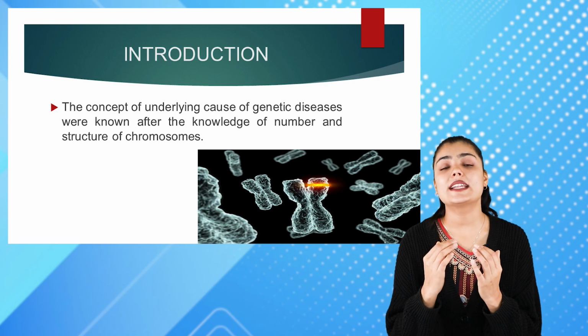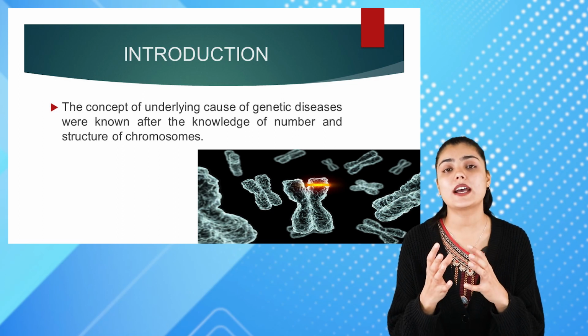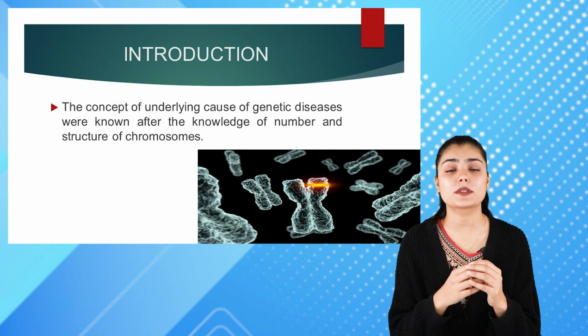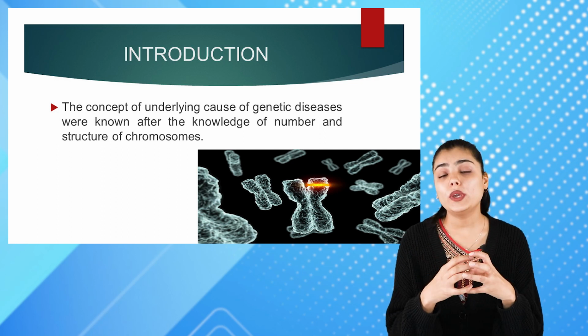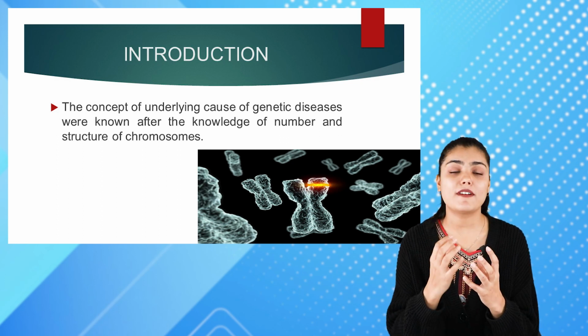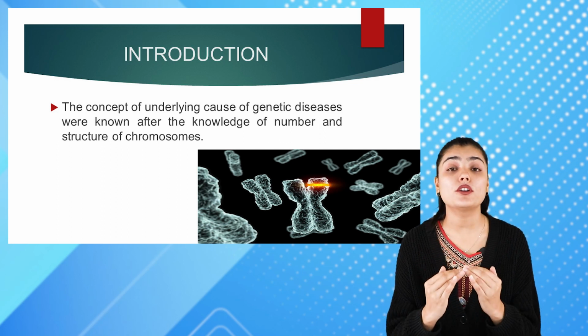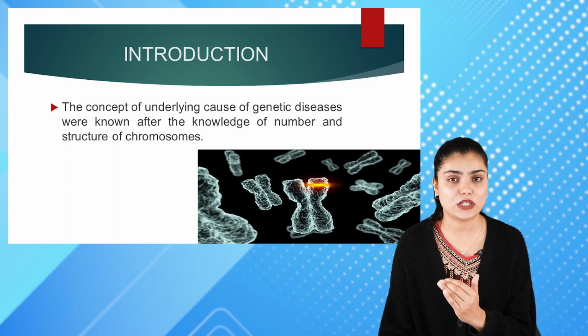The concept of underlying genetic disorders was understood only after studying chromosomes and genes. So as nurses, we also have to understand the structure, functioning and number of chromosomes in the human body in order to understand genetic disorders.